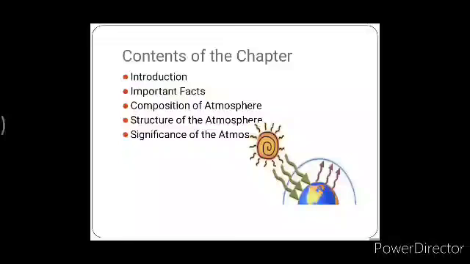After that, we will move towards structure of atmosphere, where we will study the 5 concentric layers, which are troposphere, stratosphere, mesosphere, thermosphere and exosphere. After studying the structure, we will have a discussion on the significance of atmosphere. Clear? So let us just start our chapter.